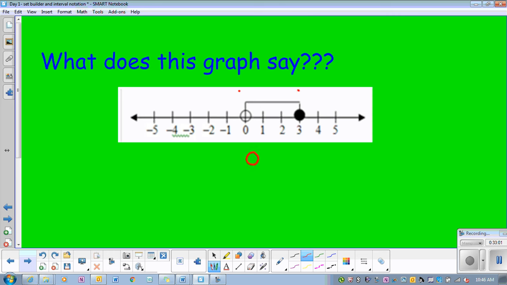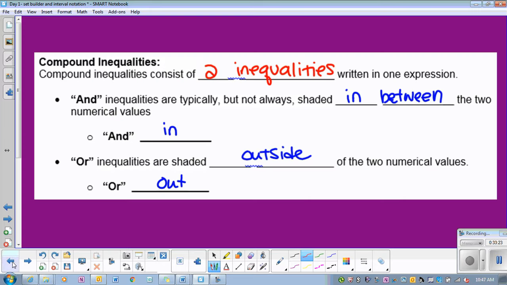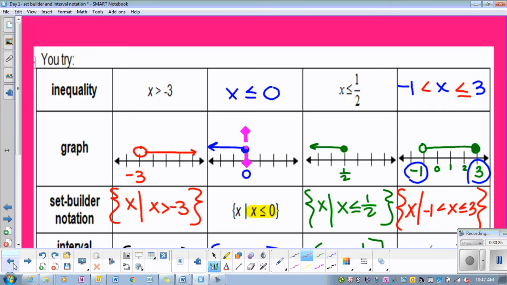3. We put our X in between, and what are the two inequalities that go in? What do they both look like? Less than or greater than? Less than. Remember I showed you on the other example here?